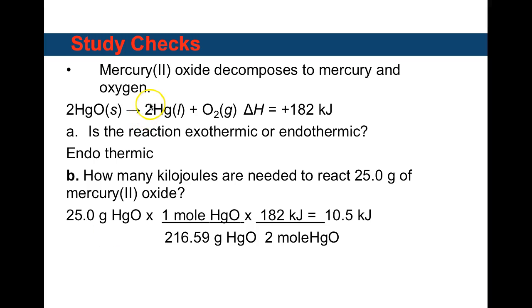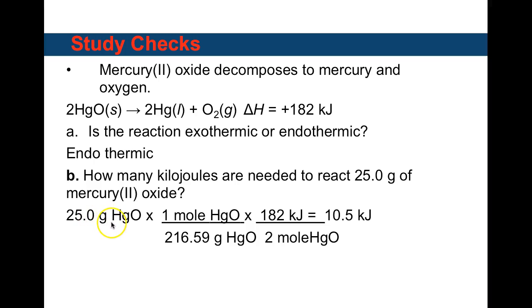All right, in the other study check with the heat of reaction, you have mercury 2 oxide decomposing to form mercury and oxygen. It's endothermic, the sign of the heat is positive, and the heat absorbed is 182 kilojoules per 2 moles of the mercury 2 oxide. So how many kilojoules are needed to react 25 grams of mercury 2 oxide?